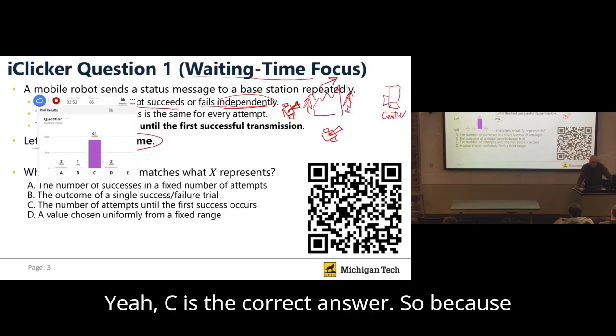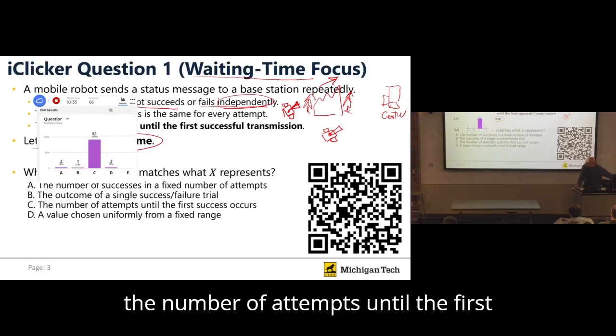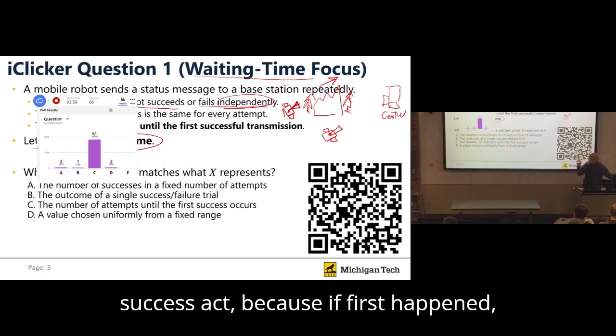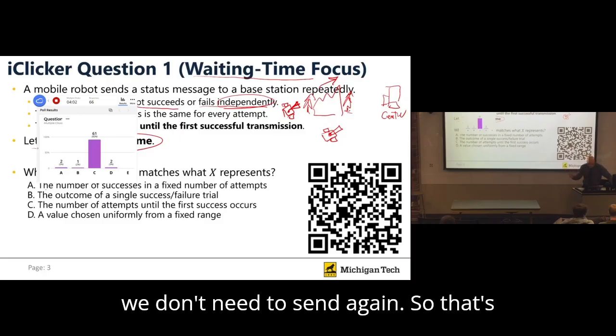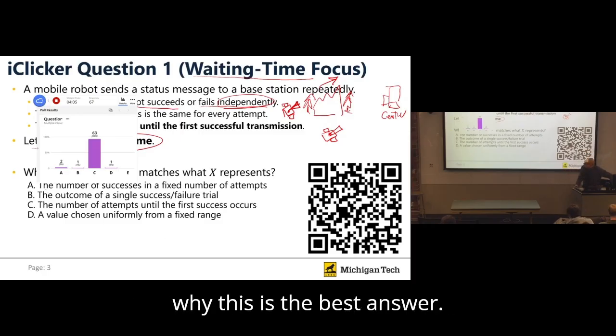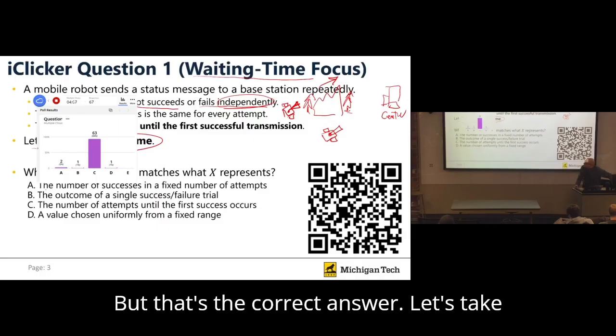C is the correct answer, because it is the number of attempts until the first success. If the first one succeeds, we don't need to send again. So that's why this is the best answer.